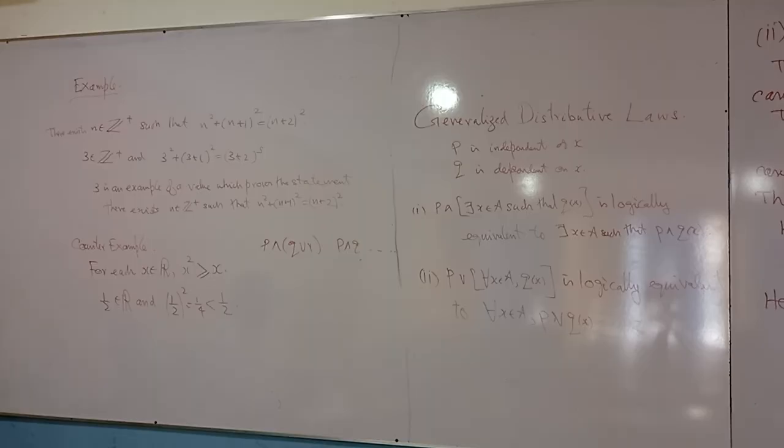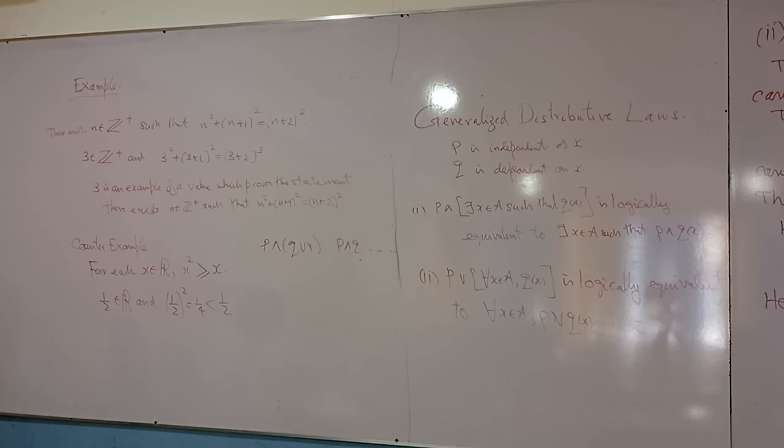P may be a statement like N is odd, it has no X, and Qx is X squared plus 1 greater than or equal to 0. So P has nothing to do with X. P and there exists X belongs to A such that Qx is logically equivalent to there exists X belongs to A such that P and Qx.